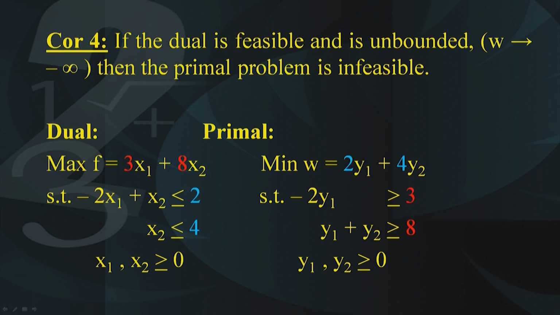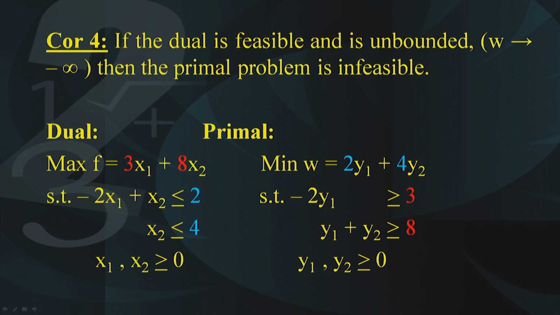The dual is f equal to 3x1 plus 8x2 subject to minus 2x1 plus x2 less than or equal to 2, x2 less than or equal to 4, x1 and x2 greater than or equal to 0.